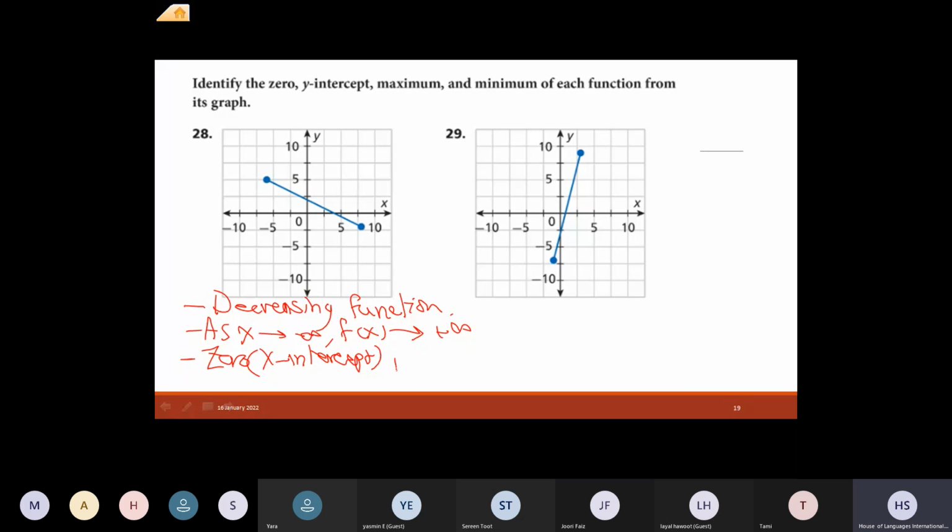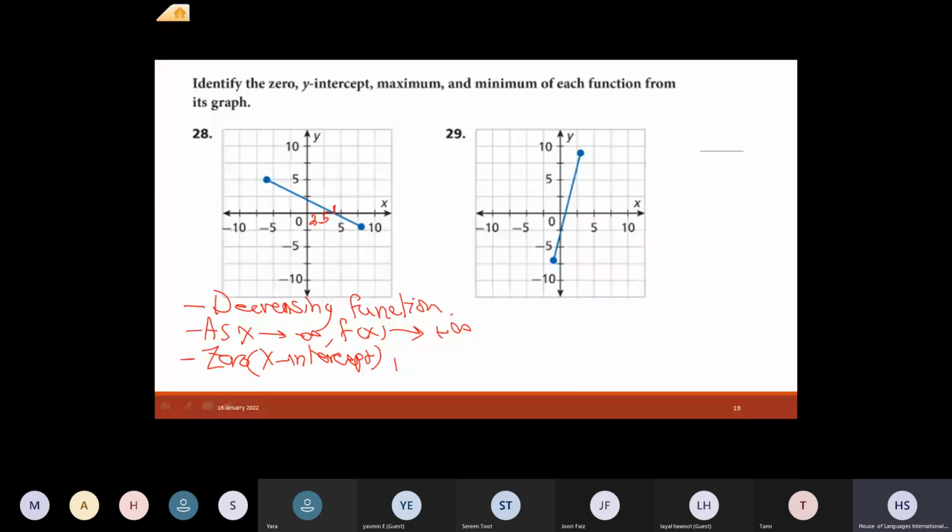Look here. If it is 5 here, it will be 2.5 here. So do you know the meaning of the zero? It is the x-intercept. Where does the function cut the x-axis? Here it's 5, here it's 2.5, so it's going to be 4.